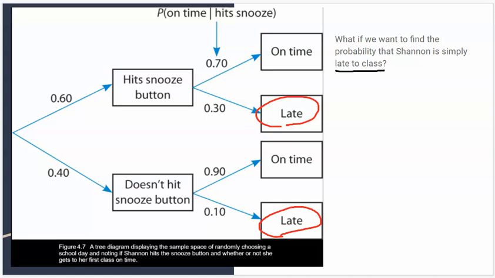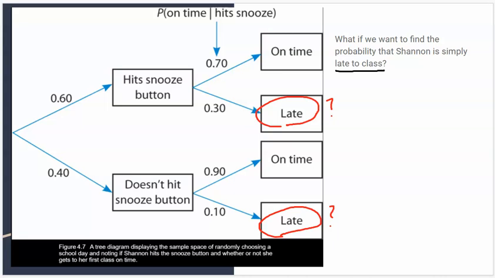Okay. So if she's late to class, that's it. We don't care about whether she hit the snooze button. We don't care about whether she didn't hit the snooze button. We only care about if she's late. So we need to figure out how much percent this is and how much percent this is, and then just slap them together. Remember, there's no overlap here, so you don't need to worry about using the general addition rule.